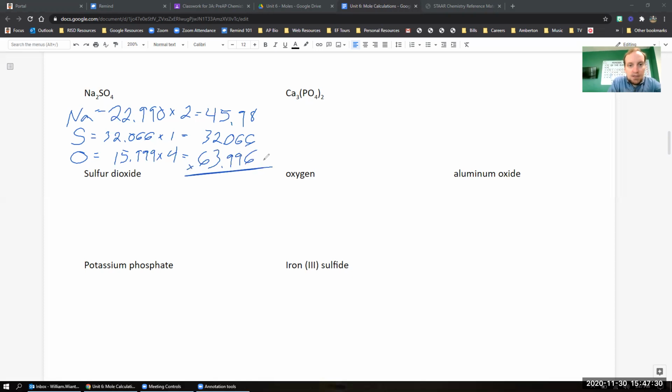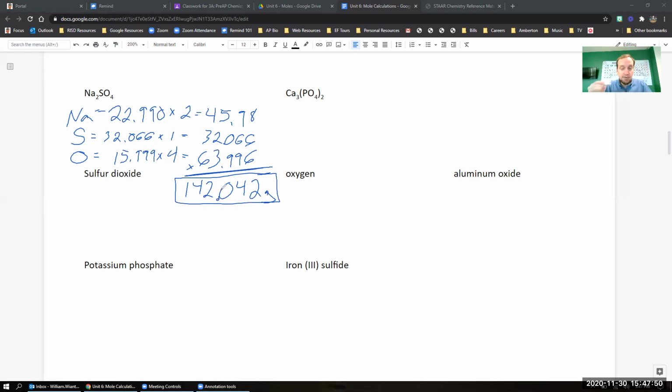I'm going to add those all together to get my molar mass of sodium sulfate. So 63.996 plus 32.066 plus 45.98 is 142.042 grams. The unit is always going to be a gram.